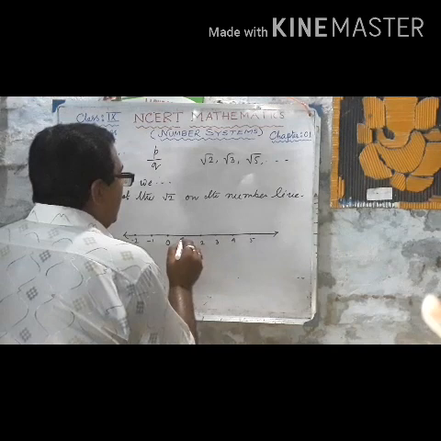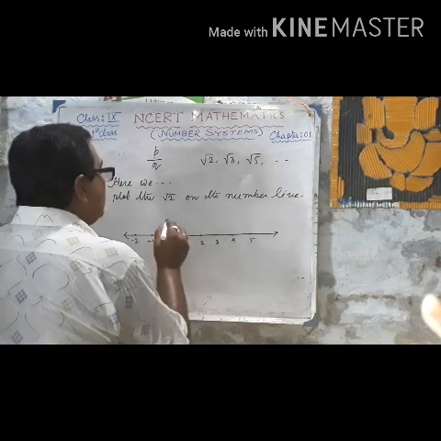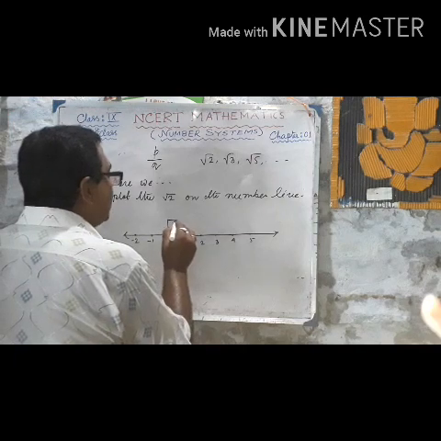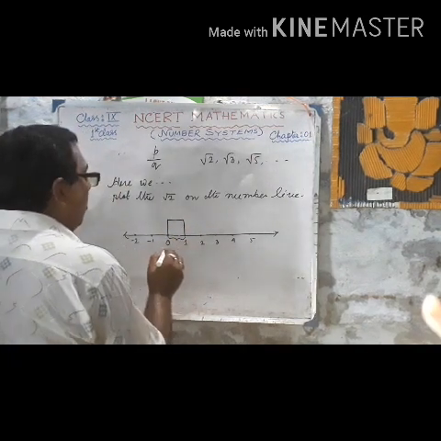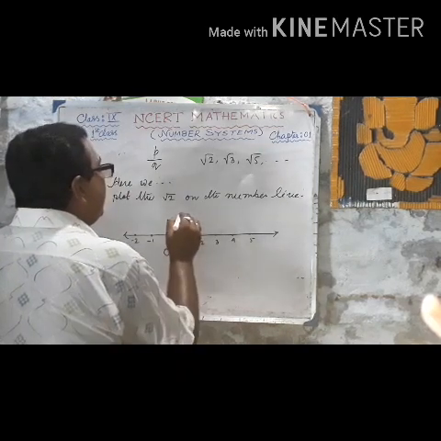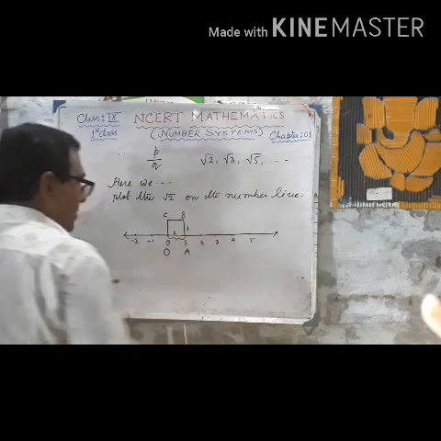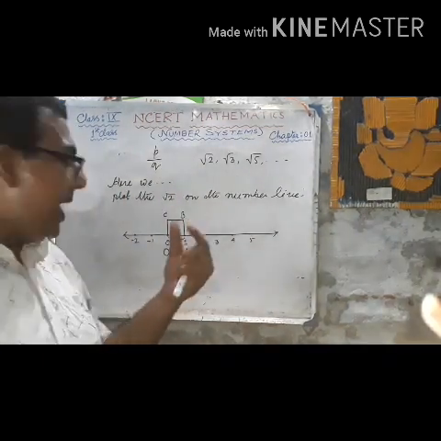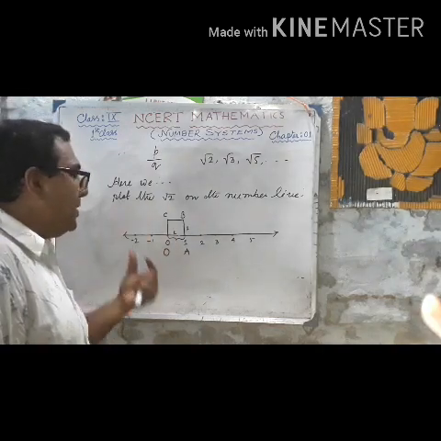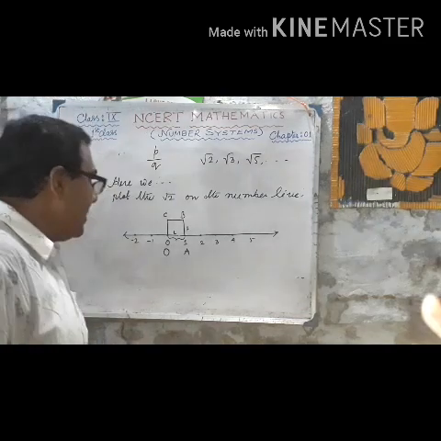That is, this measure is 1. So we form a square O, A, B, C, where the length of each side is 1 unit.